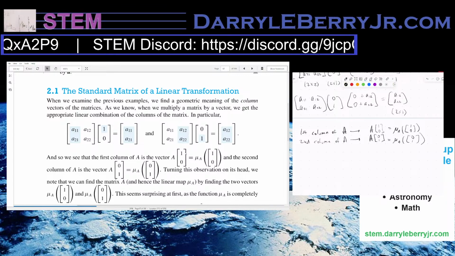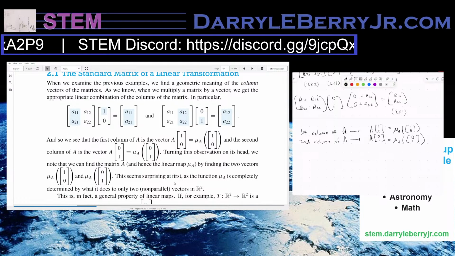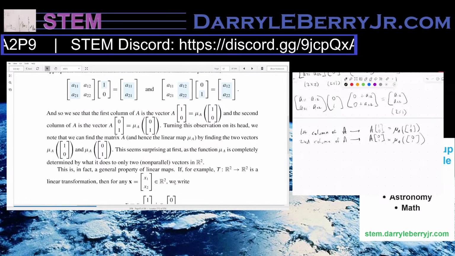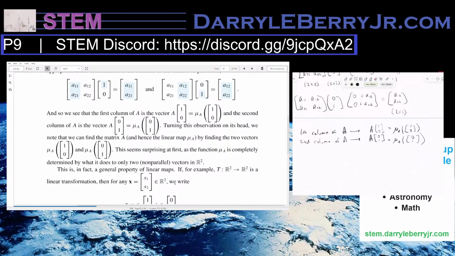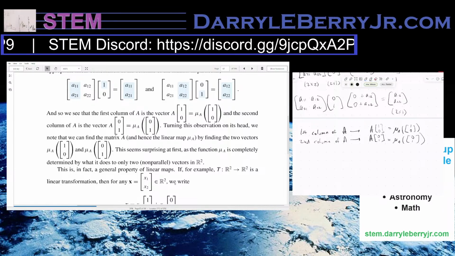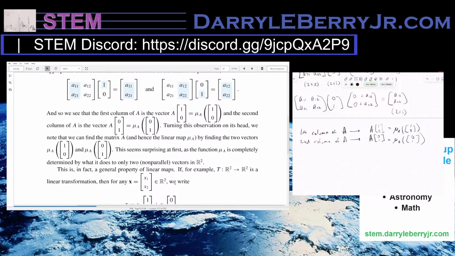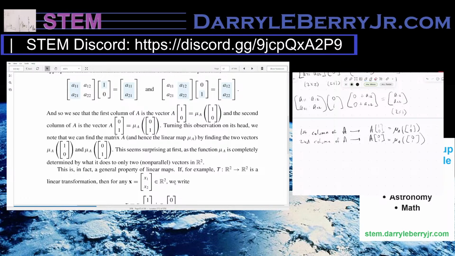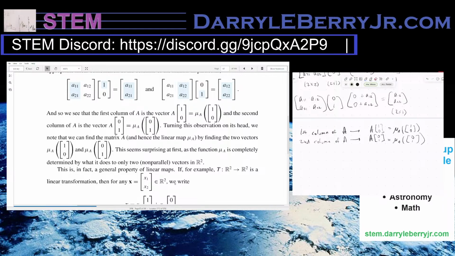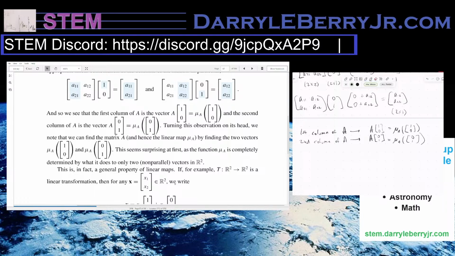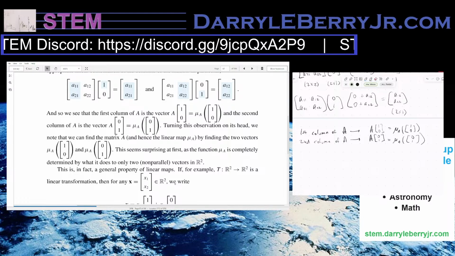Turning this observation on its head, we note that we can find the matrix A and hence the linear map mu A by finding the two vectors mu A(1,0) and mu A(0,1) and just put them in their proper place. This seems surprising at first, as the function mu A is completely determined by what it does to only two non-parallel vectors in R2.